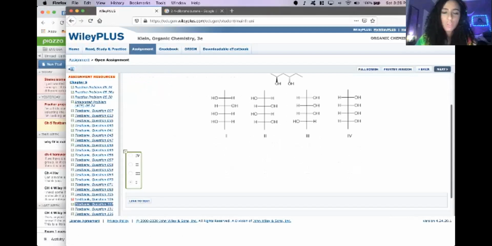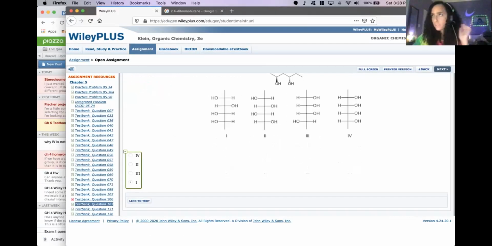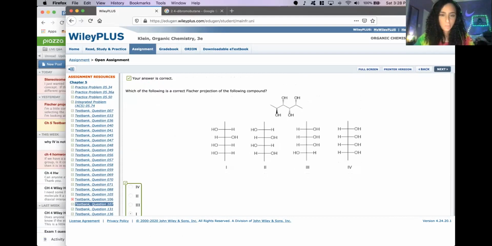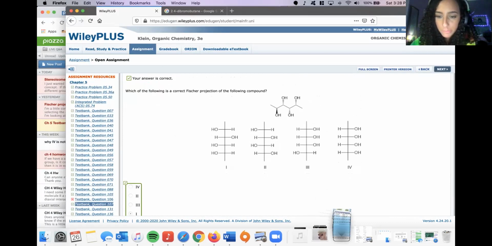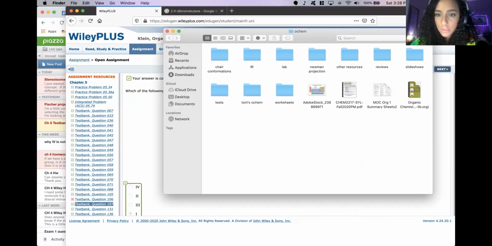Okay. Let me see. So is S the reverse of R? S is counterclockwise. Okay, counterclockwise, and so then R is clockwise. I couldn't tell you.